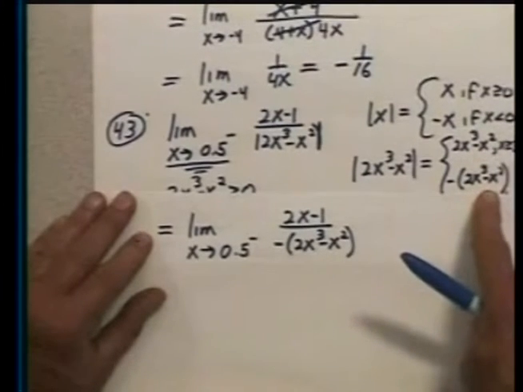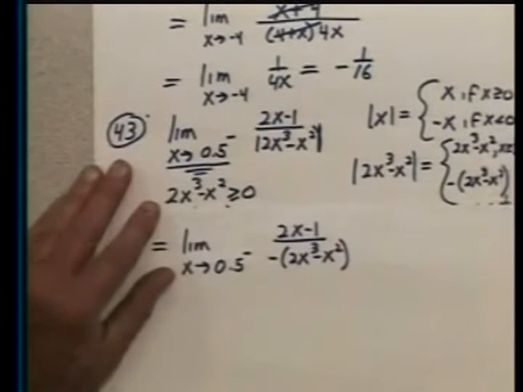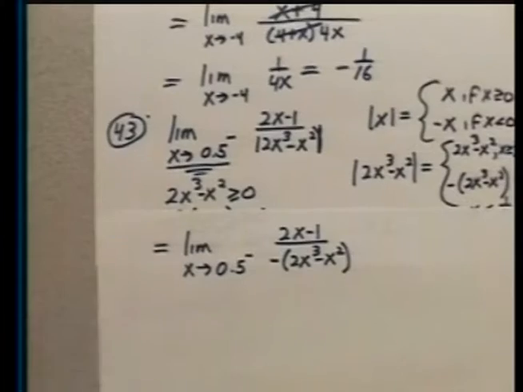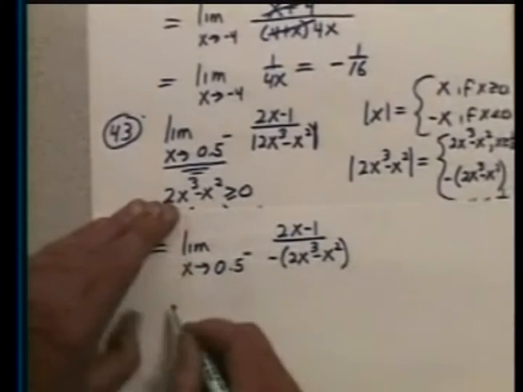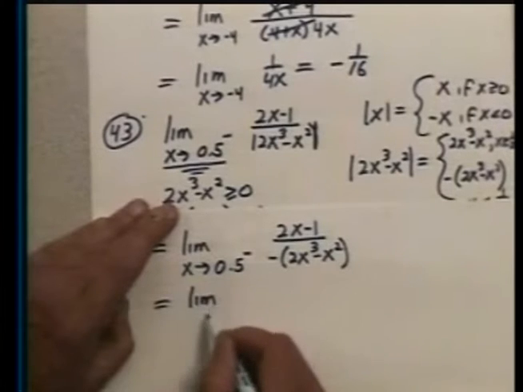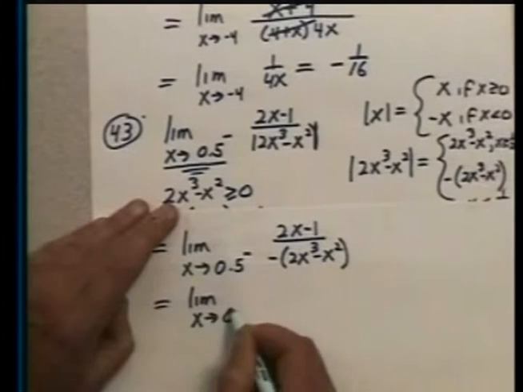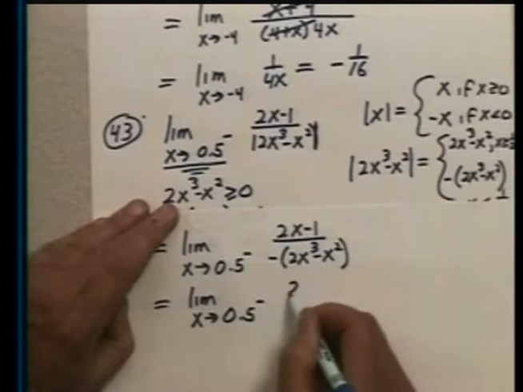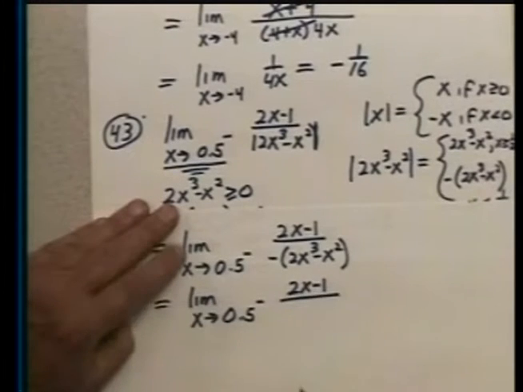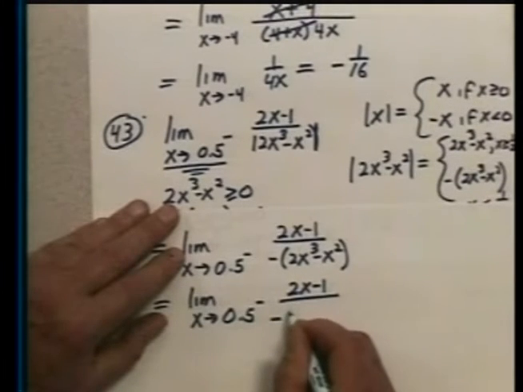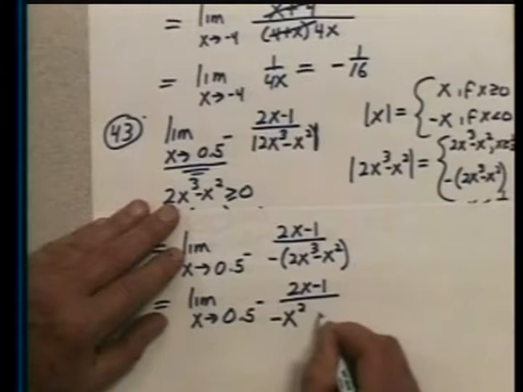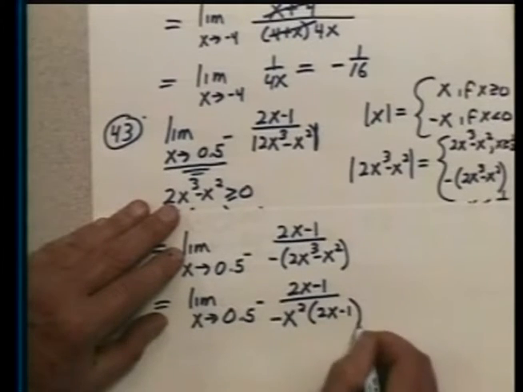I have to decide which one do I choose. Well, it all depends whether you're bigger than 1/2 or smaller than 1/2. If I continue this limit, I should be able to get an answer now, because I can take out an x squared just like I did before, and I have 2x minus 1 left, right?